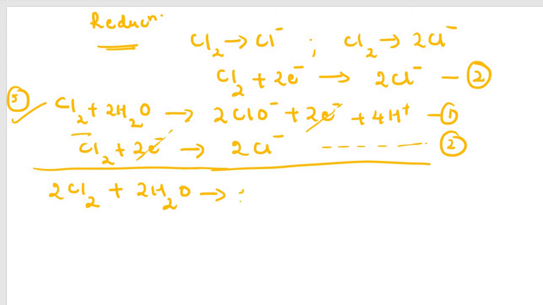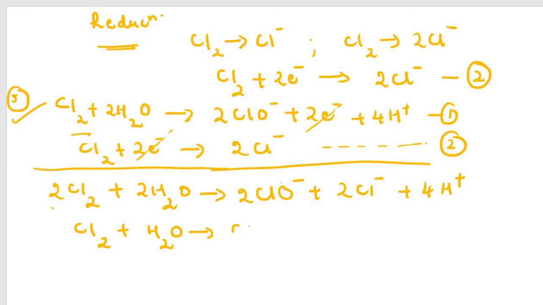So we will have 2ClO minus plus 2Cl minus plus 4H plus. Now here you can see that the common term is 2. So if we take the simple ratio, we will get Cl2 plus H2O gives ClO minus plus Cl minus plus 2H plus.